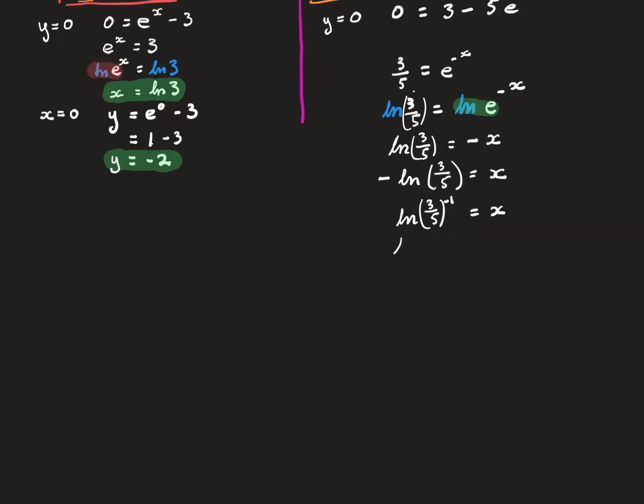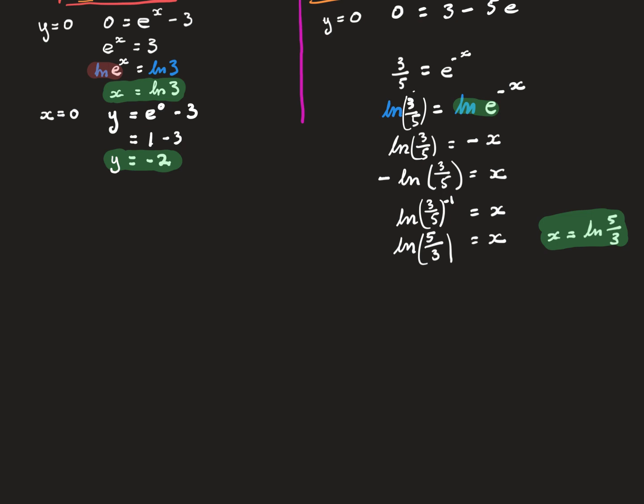This allows me to do a reciprocal, so x is equal to ln of 5 over 3. So my x-intercept is (ln 5/3, 0).